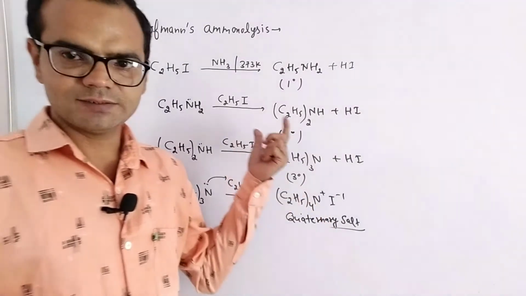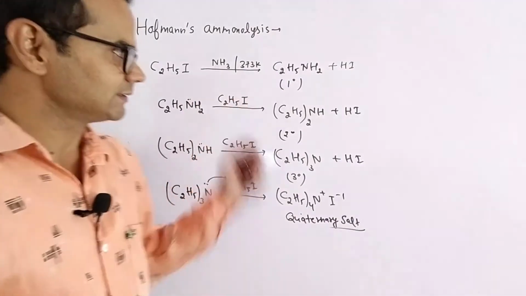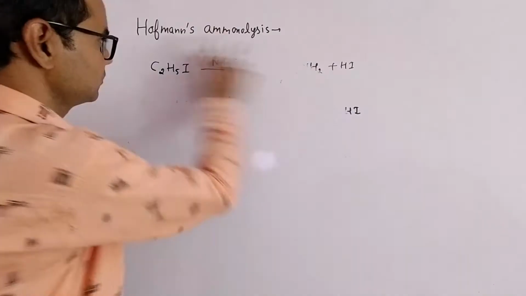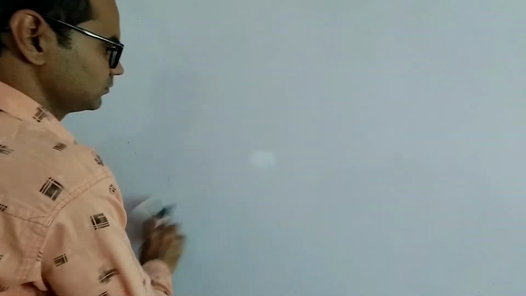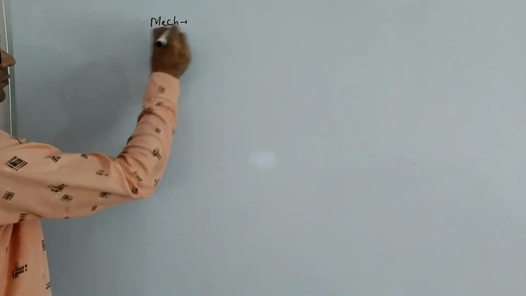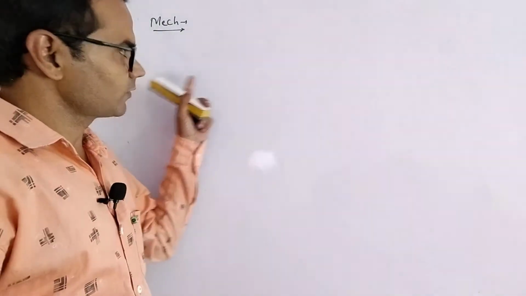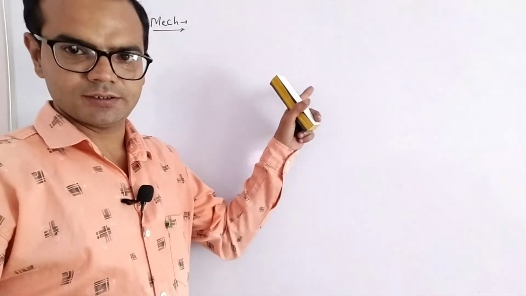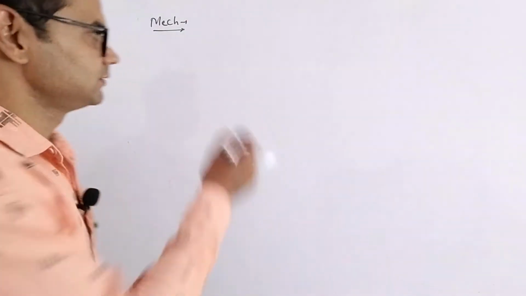So what is the mechanism of this reaction? Let us understand the reaction with the mechanism. Mechanism involves the attack of ammonia through lone pair on alkyl halide.